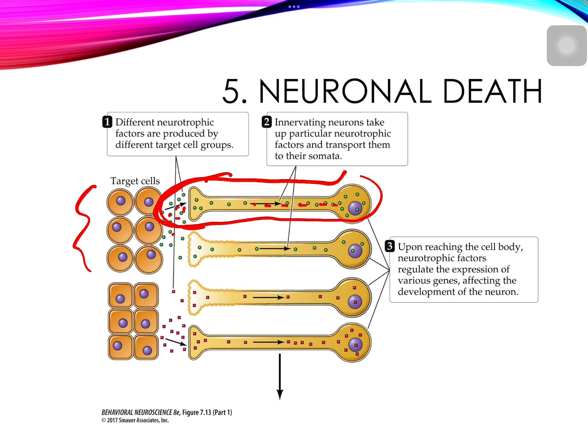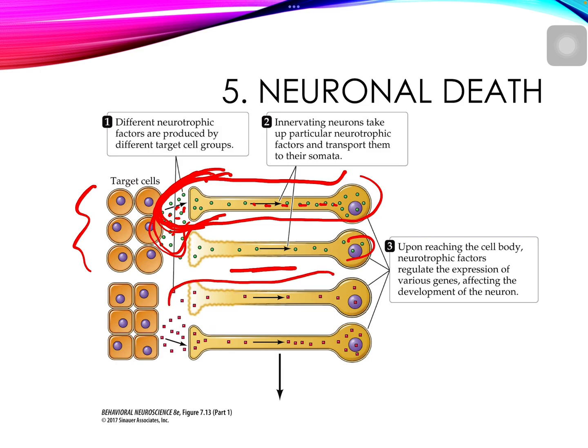So if you have this particular one taking in, it's innervating, it's active, doing its thing, gobbling up all these neurotrophic factors. What happens is that this other cell isn't going to take in enough to bring to the soma to be able to survive. Same situation here.